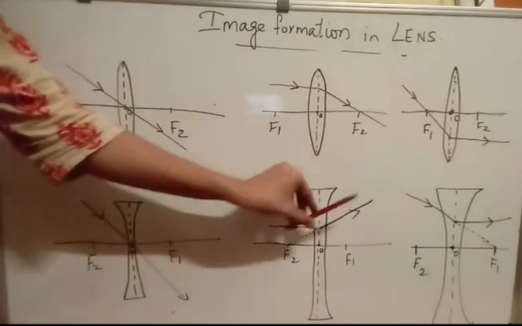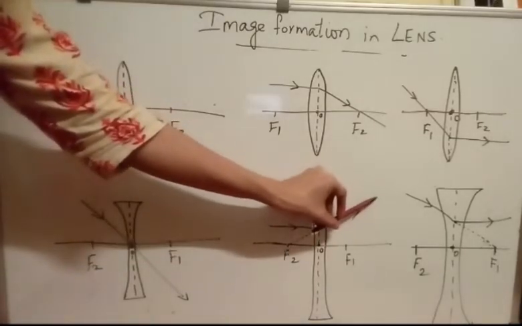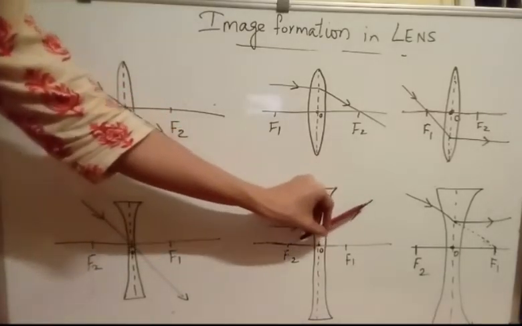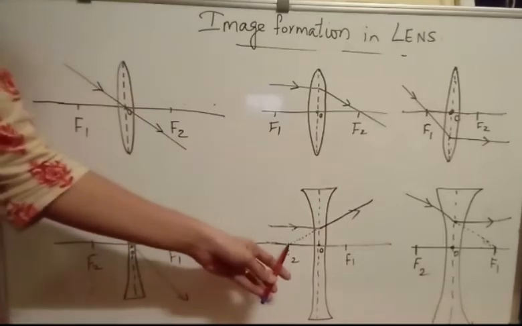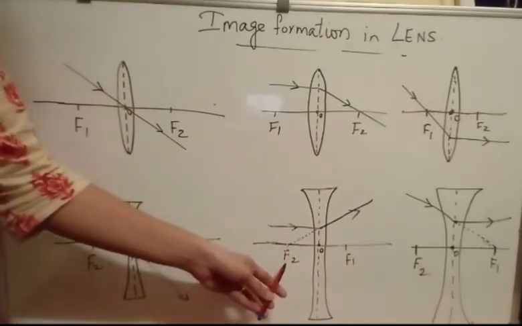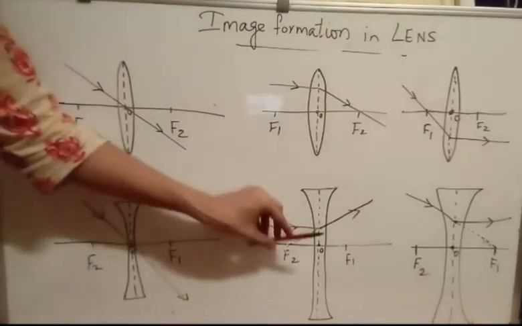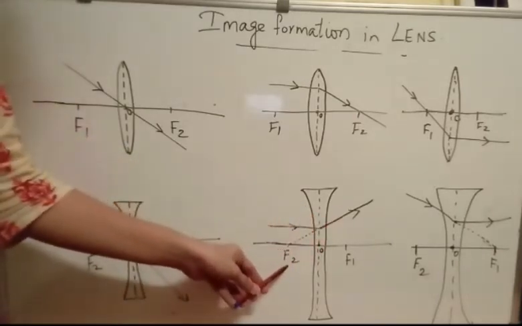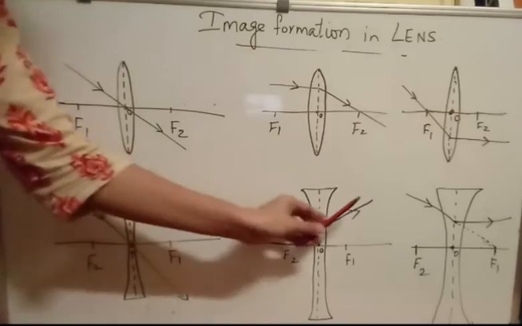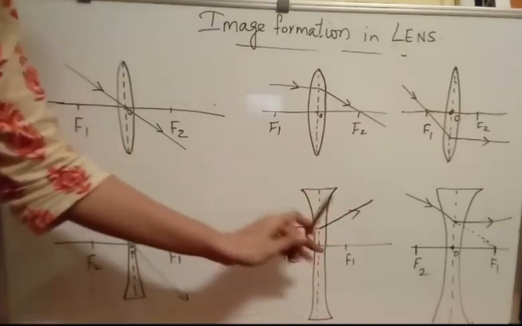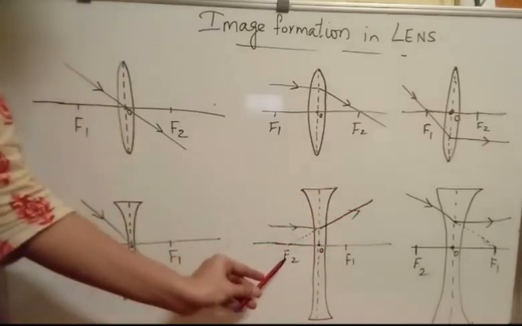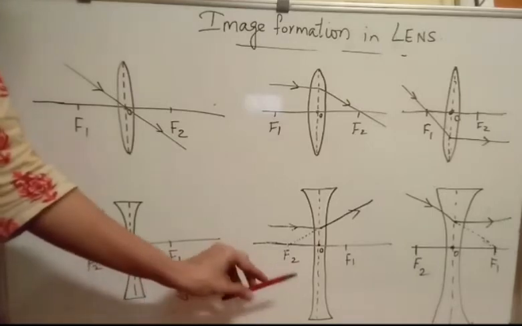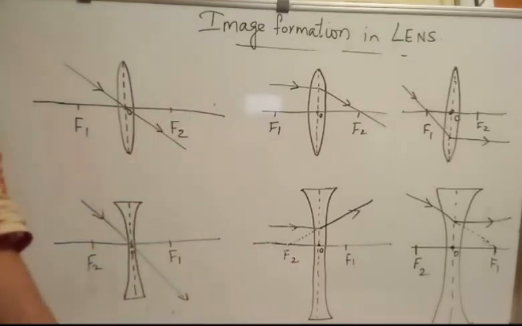After refraction, it will diverge away in such a way that the divergent ray, if we trace it back, should meet the point F2. That means the refracted ray appears to come from the focal point. A parallel ray after refraction from a concave lens will appear to come from the focal point F2. That is the second ray that we can consider.